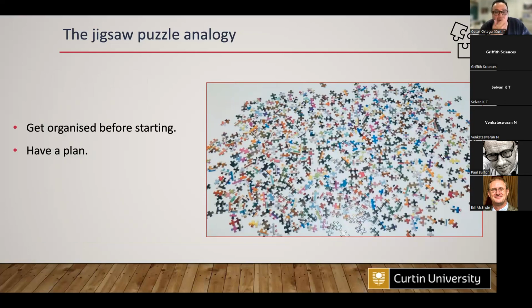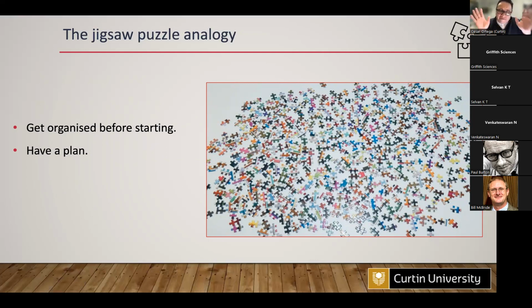Now, get organized before starting, have a plan. What do we do when we have a jigsaw puzzle? We separate the pieces, we put them all facing upside up, and we have a plan. Maybe I start by sorting out the edges, and then I separate by colors and by shape, and I orient the pieces.